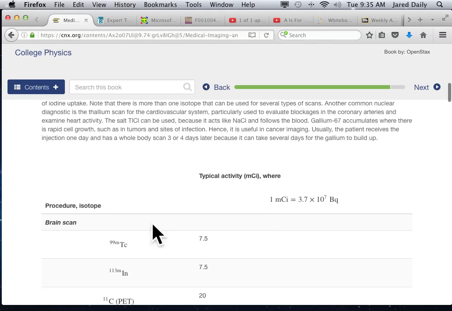So the first thing is the activity, which is the millicurie, which is measured in becquerels. If you remember the last chapter, becquerels are decays per second. So if you have an atom that is going to go through a decay and release some kind of radiation, and it does it every second, then you have 1 becquerel, right? 1 millicurie is 3.7 times 10 to the 7 becquerels, so it's a lot more. 37 million becquerels is 1 millicurie.